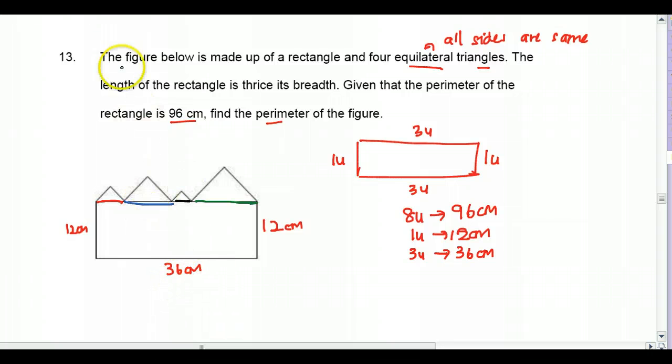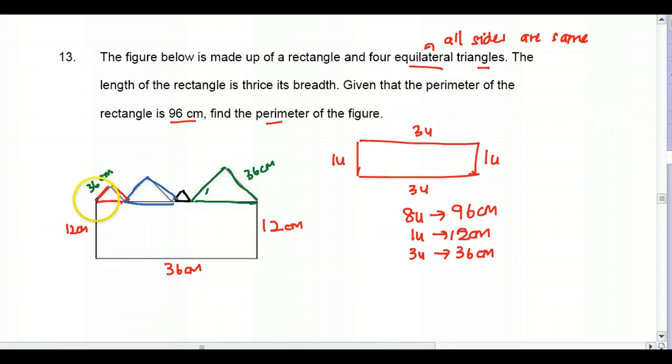Now let's look at how many of these 36 I have. I have 1, 2. So I know there is 36 cm. Any more 36 cm? I have another one here. So another 36 cm.